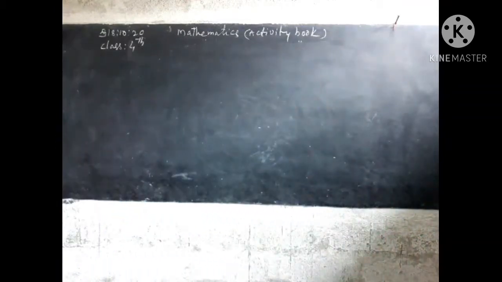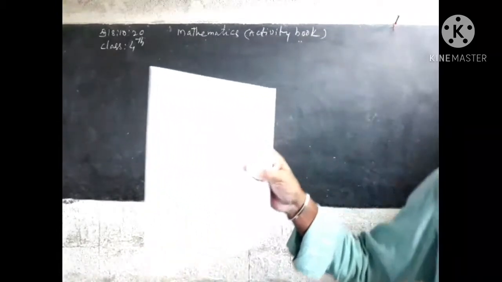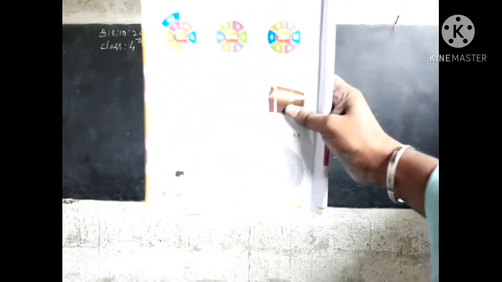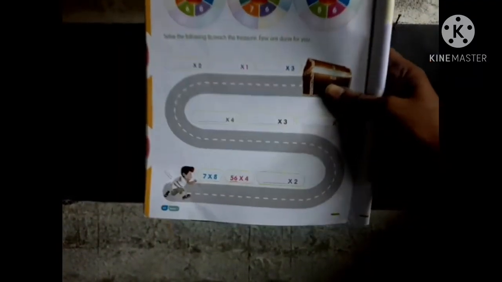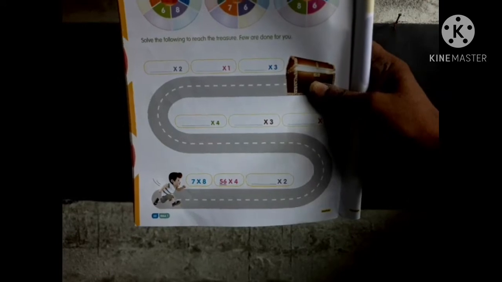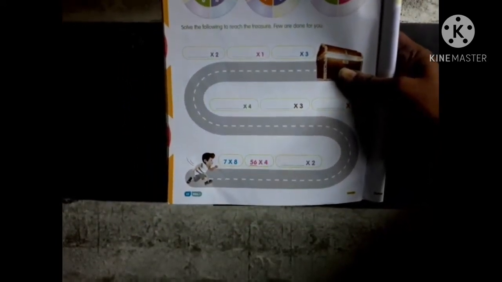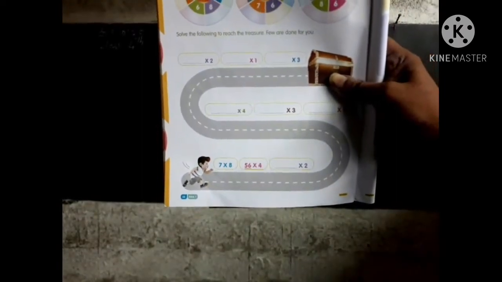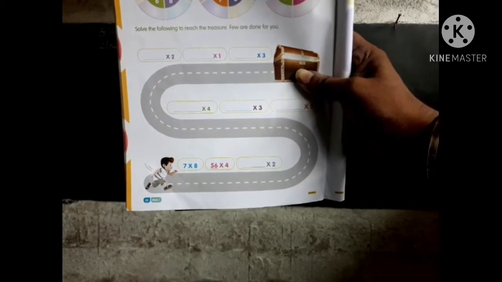See here, first, 7 into 8, you can get what, beta? 7 into 8, you can get 56. 56 into 4.